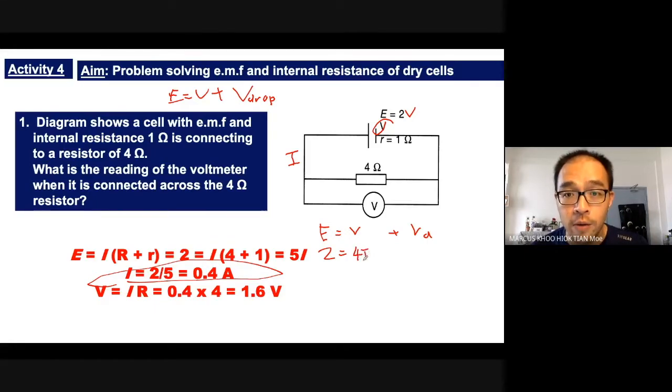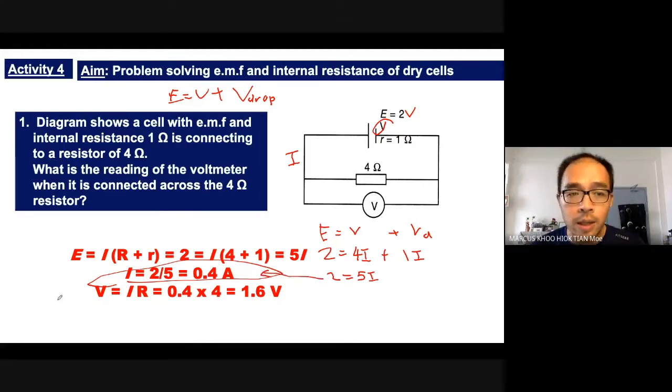The voltage is 4 times I plus the V drop is the current times the internal resistance. So it will be 1I. Okay, so 2 equals to 4I plus 1I, 2 equals to 5I. Okay, and then you will get I equals to 0.4 amps.